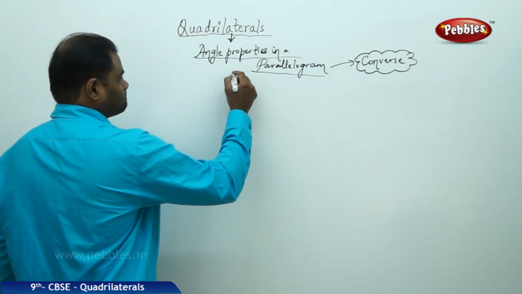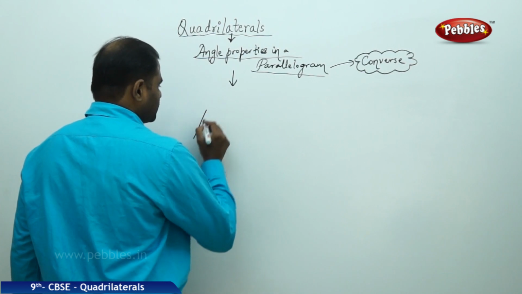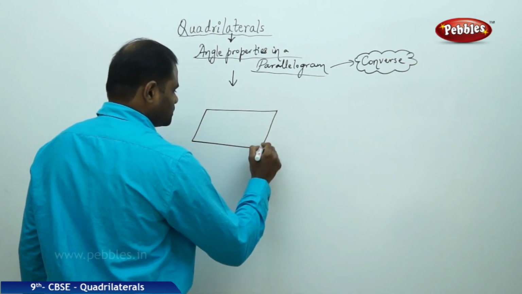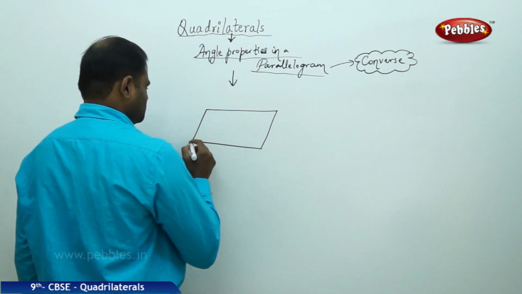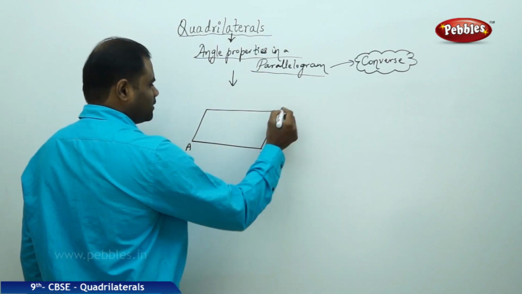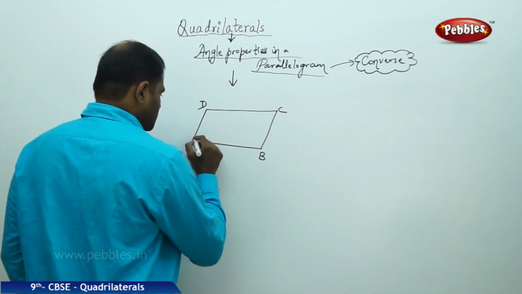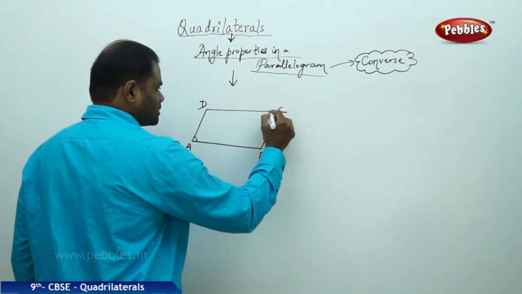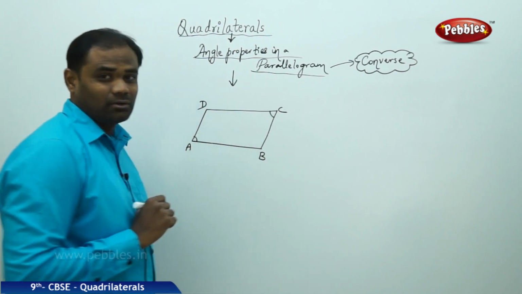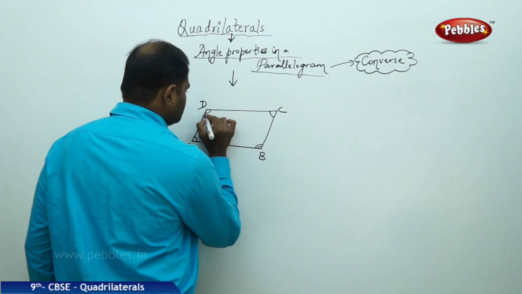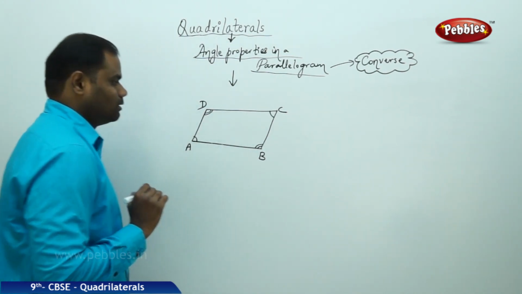So imagine I take a quadrilateral ABCD, which is not a parallelogram yet. I say my opposite angles, angle A and angle C, are equal, and my other set of opposite angles are equal.